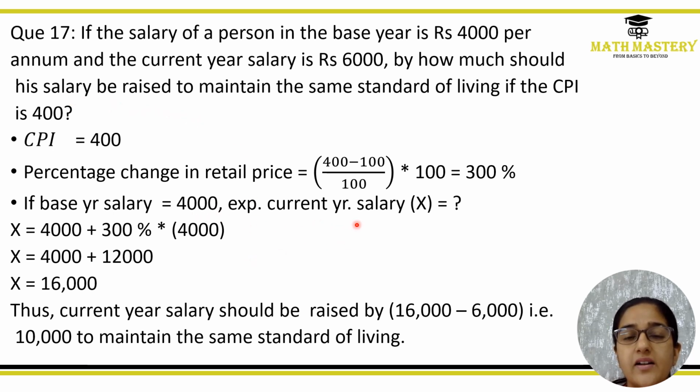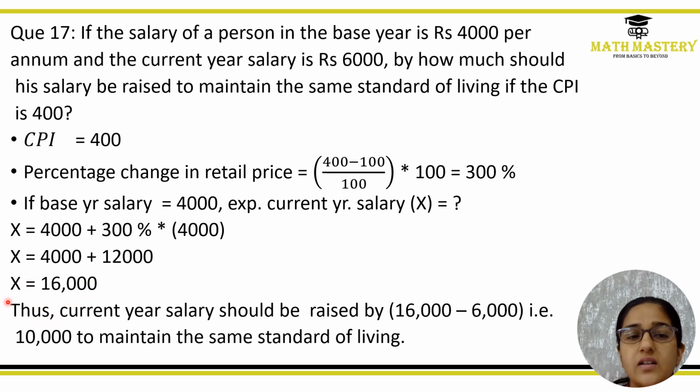So the expected current year salary X is equal to 4,000, which is the base year salary, plus 300% increase in the 4,000, because there is 300% increase in the retail prices. So 4,000 plus 300% of 4,000 is 4,000 plus 12,000, which is equal to 16,000.